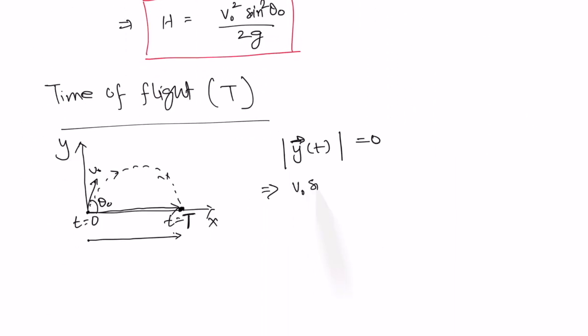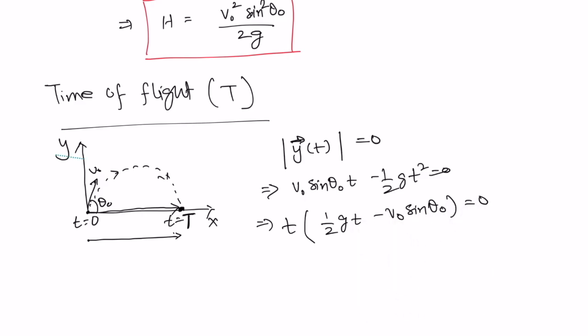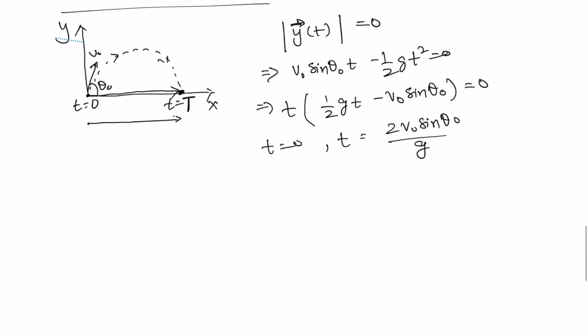So v naught sin theta naught t minus half g t square equals 0. t times half g t minus v naught sin theta naught equals 0. The solutions to this are t equals 0 and t equals 2 v naught sin theta naught by g. t equals 0 is obviously not the answer because that is not when the flight finishes. So the flight finishes at the other value of time t for which this equation is correct. So the time of flight is 2 v naught sin theta naught by g.